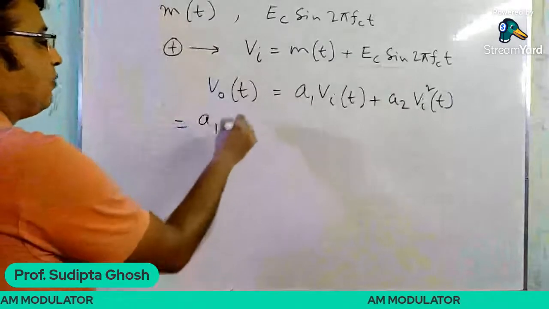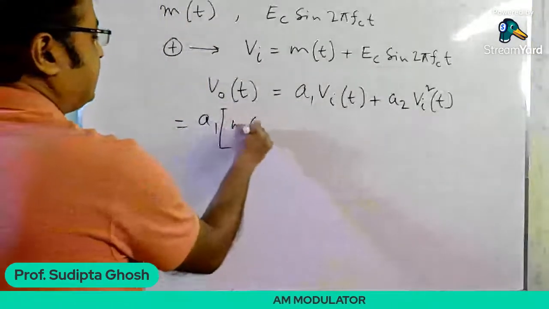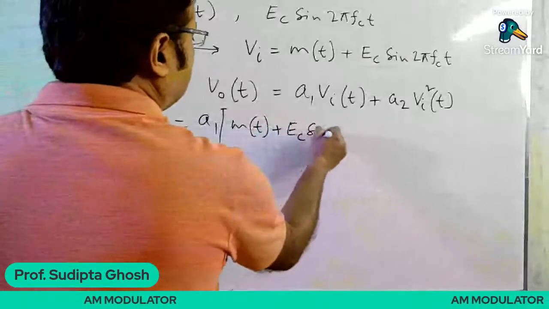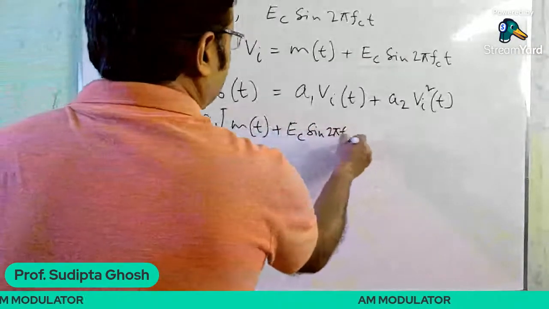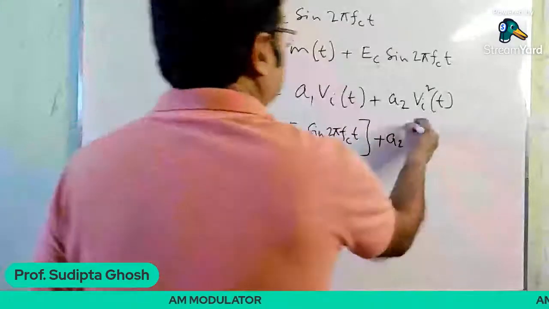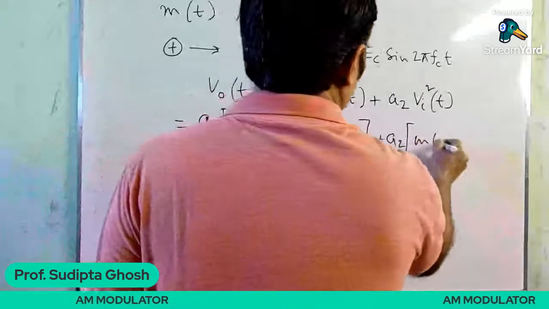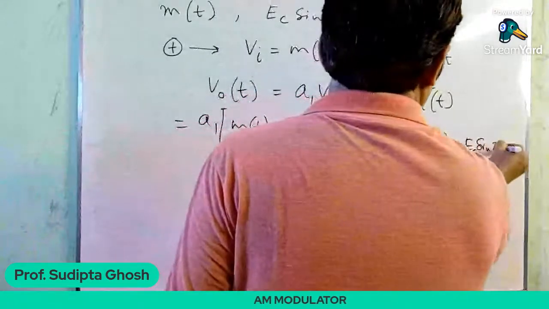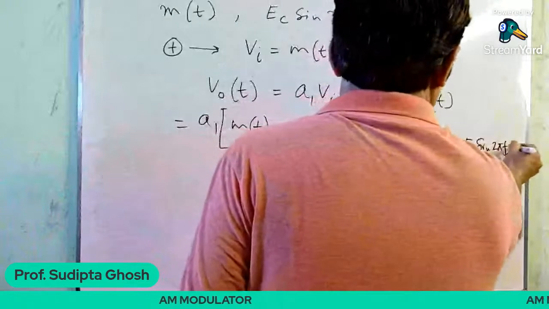It will be A1 into VIT, that is MT plus EC sine 2 pi FCT, and then again A2, and thereafter MT plus EC sine 2 pi FCT whole square.